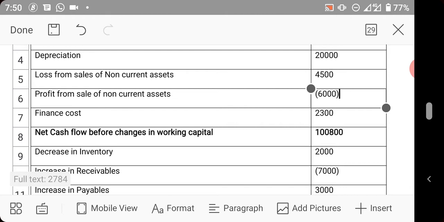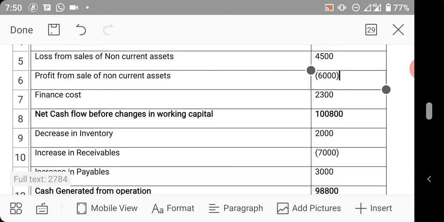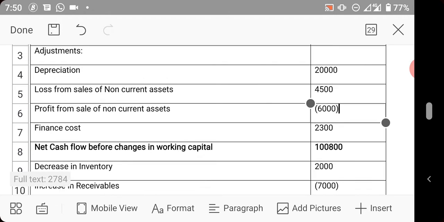Why are we lessing profit and why are we adding loss? When you made a loss in the profit or loss account, you deducted it and it is a non-cash item, so you have to add it back. When you made profit from sale of non-current assets, you added it to your profit and it's a non-cash item, so you have to what? Less it. So that is why we deducted profit from sale and added loss from sales.